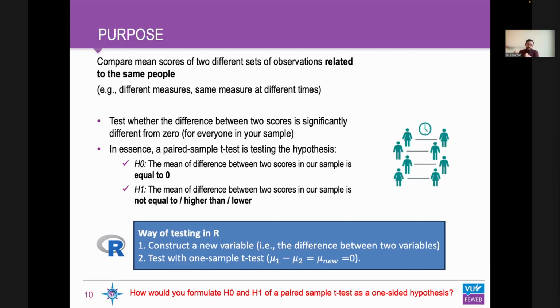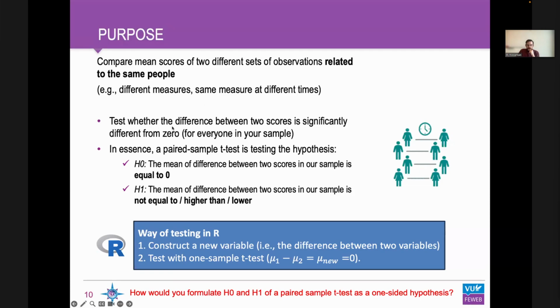In this case, we actually have two means, but these mean scores are related to the same people or same observations or same elements. As I said, this can be different measures trying to measure the same thing, or same measures at different times.